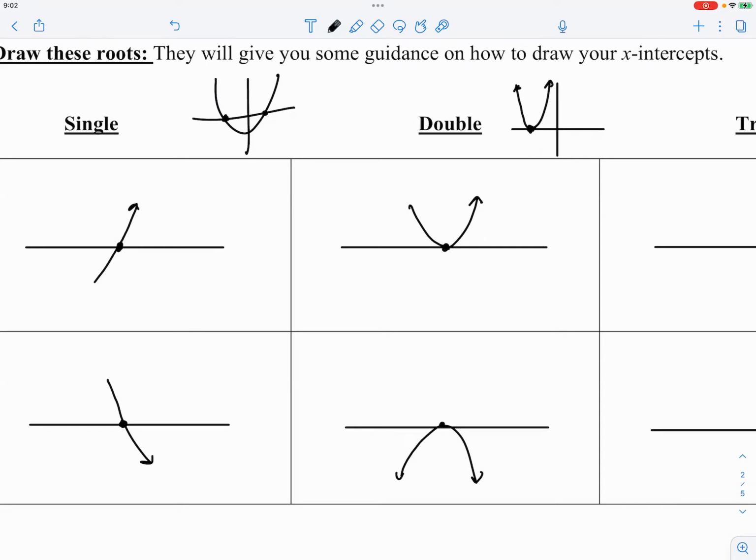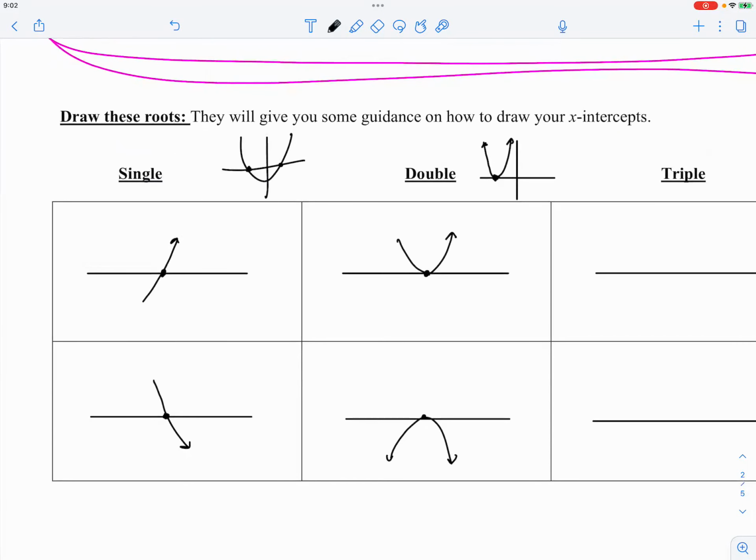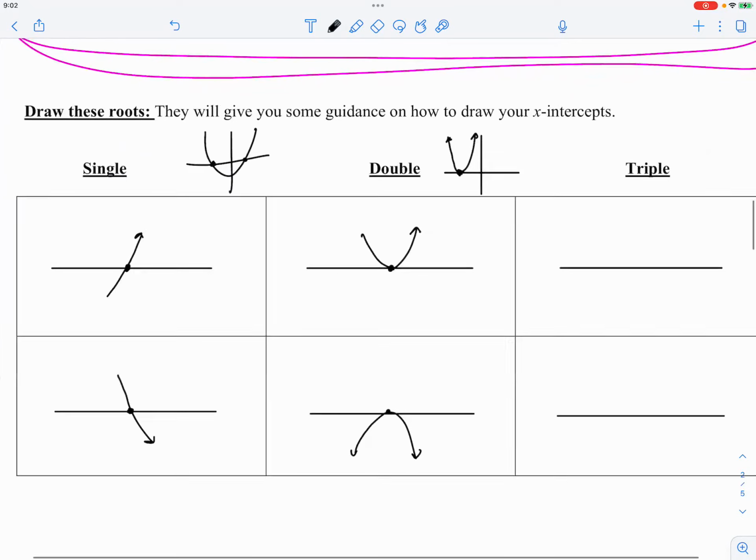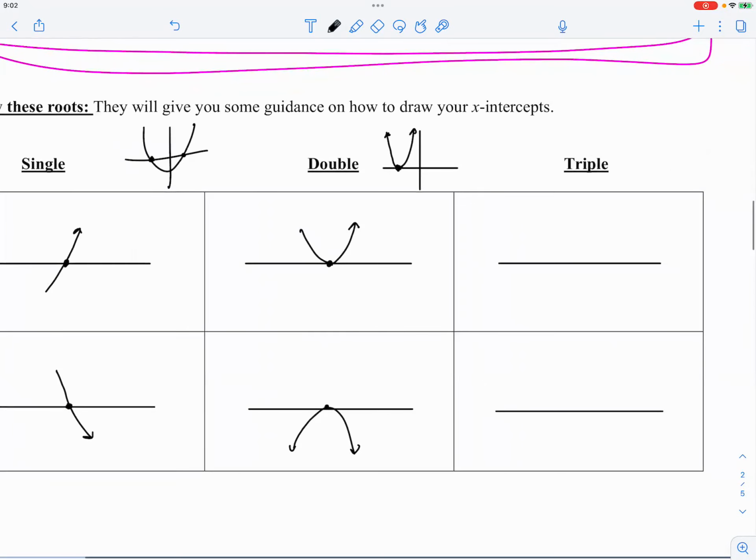And now, do you still remember how to draw a cubic function, the x cubed function? Do you remember that when you draw the x cubed function, it goes like this, the little S shape, that kind of turn.